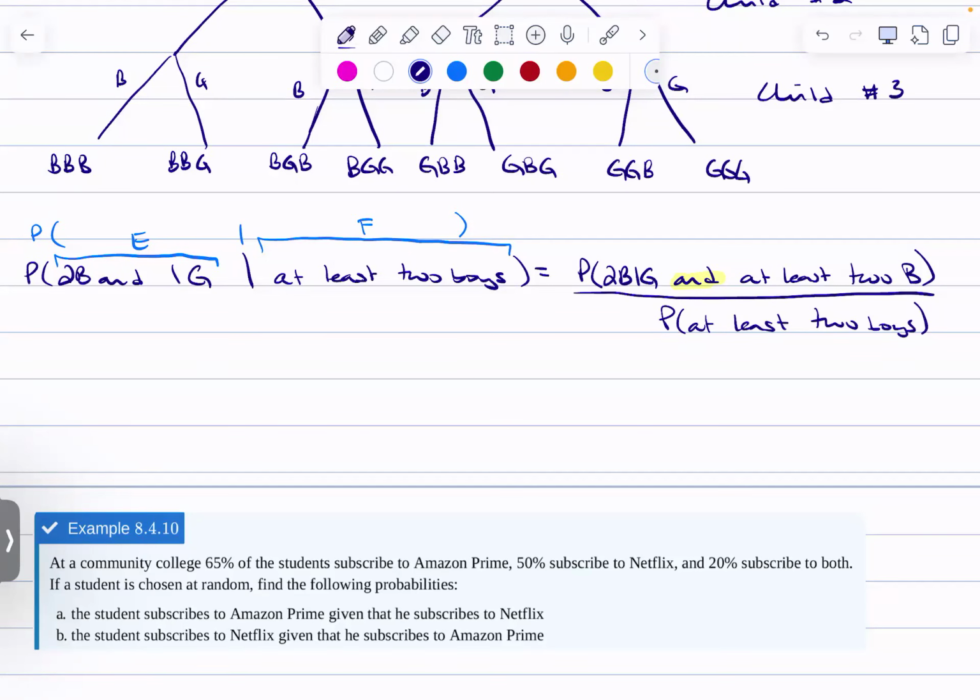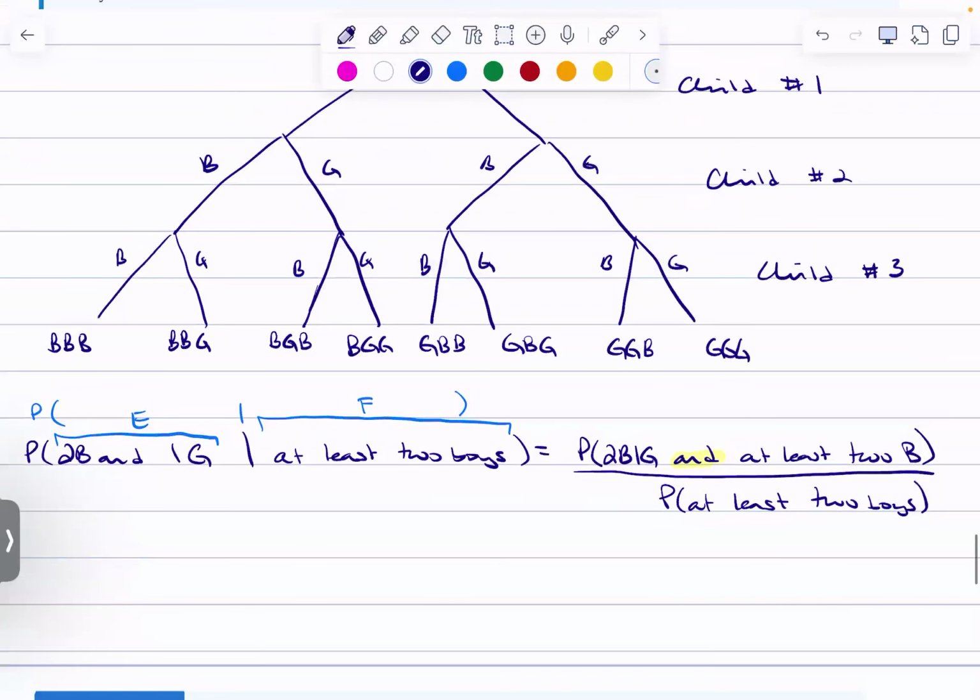These probabilities are out of the total sample space of 8. Right? Each of these probabilities. So 2 boys, 1 girl, and at least 2 boys. And so we have 2 boys and a girl, 2 boys and a girl, and a girl and 2 boys.